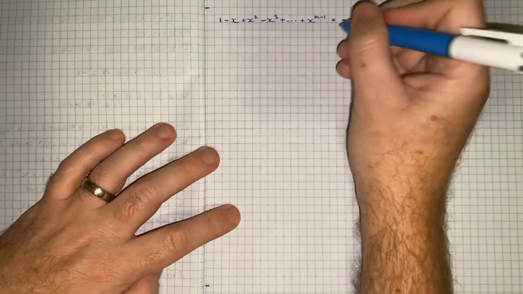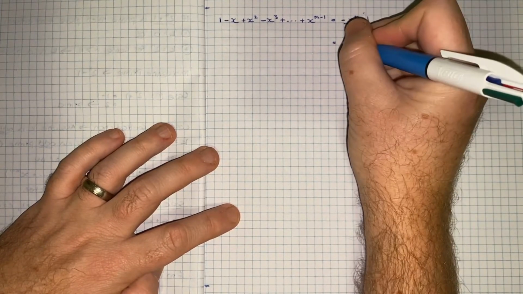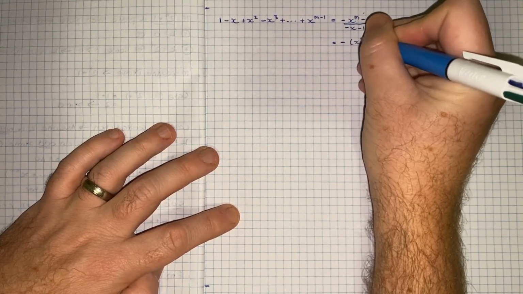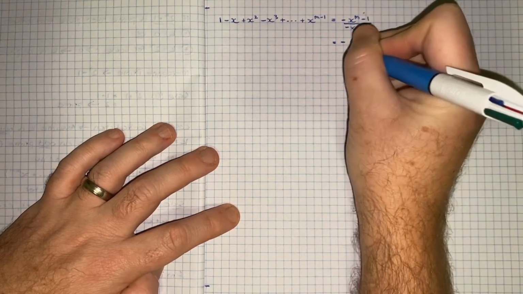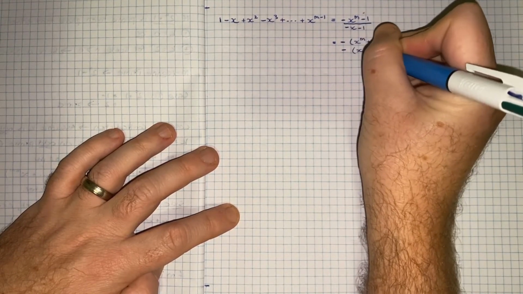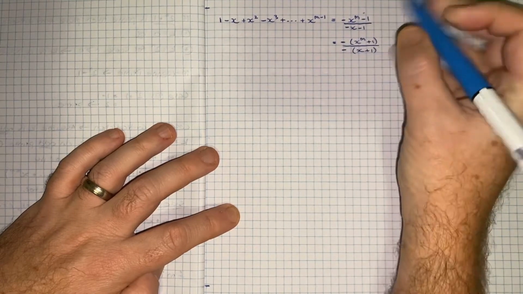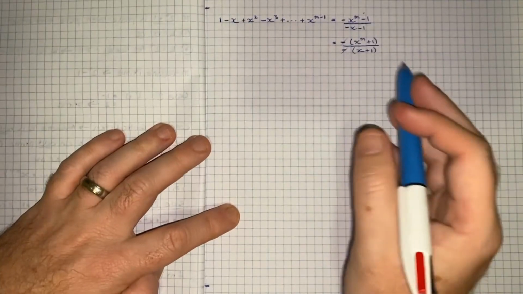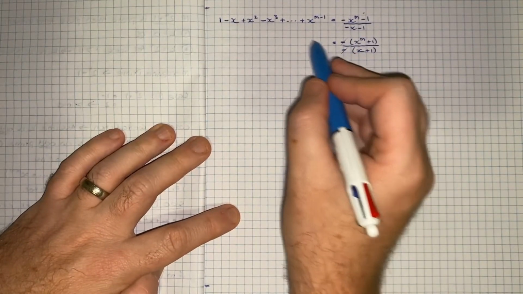And there's probably one more step we can do. We can just bring the negatives out. So negative x to the m plus 1 divided by negative x plus 1. These negatives cancel. And now the final step is I can bring this x plus 1 up.